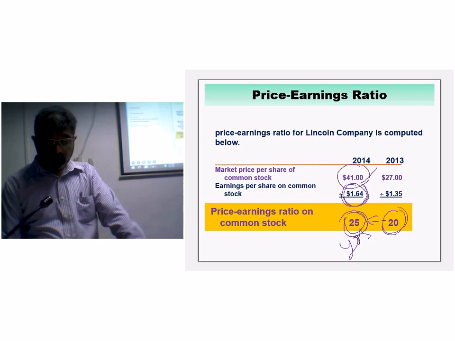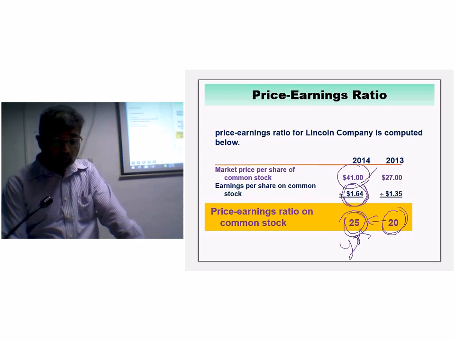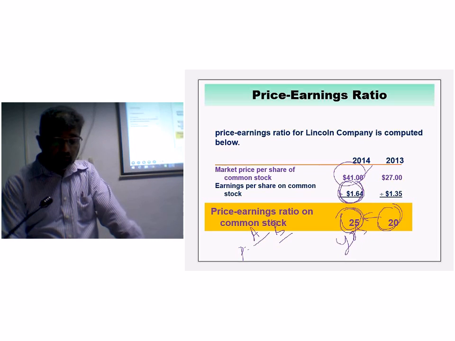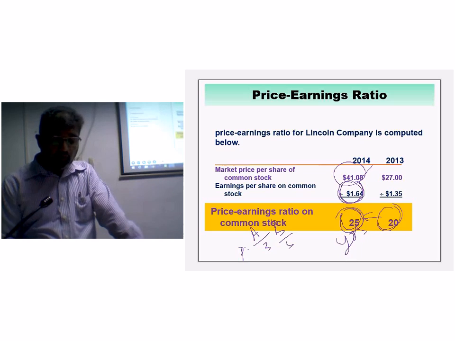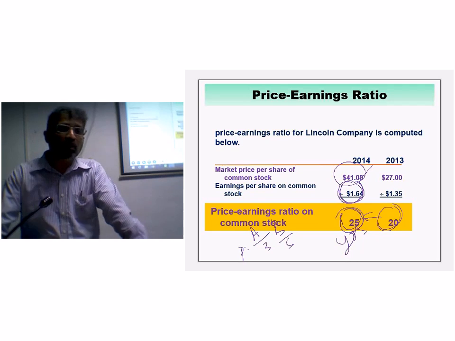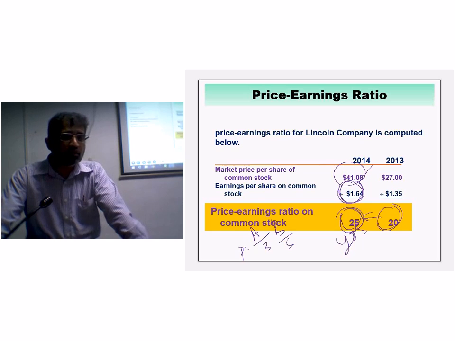In some organizations, if you have two organizations A and B, the price earning ratio of organization A is 3, and organization B is 5. Which is the better one? If you are an investor, what is your decision?